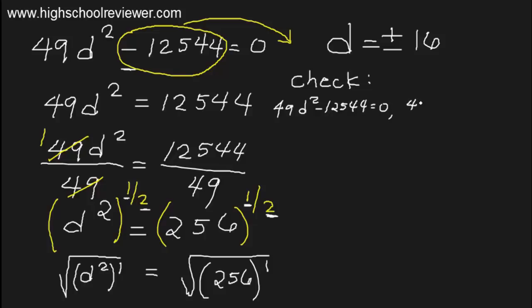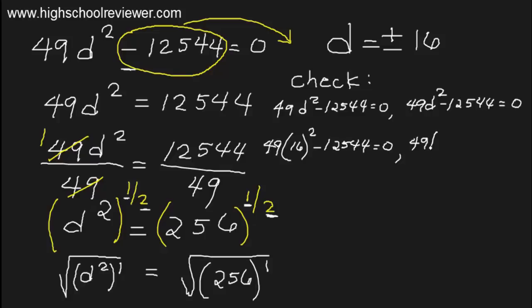And 49 d squared minus 12,544 equals 0. So our d here, 49 multiplied by 16, positive 16, raised to 2 minus 12,544 equals 0. So 49 multiplied by negative 16 raised to 2 minus 12,544 equals 0.